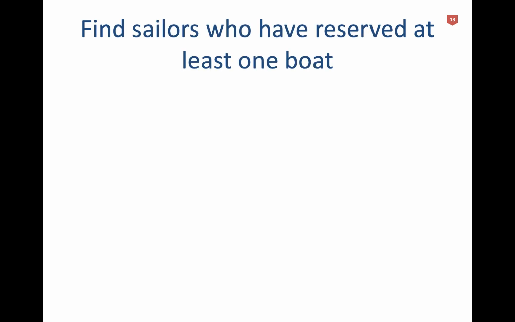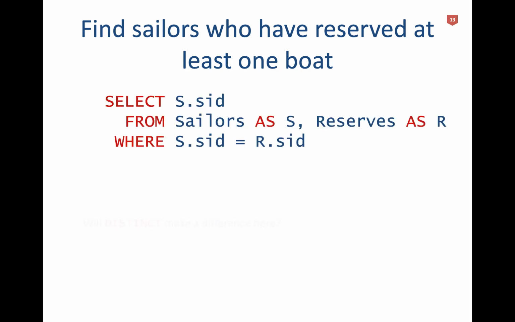An example here is find sailors who have reserved at least one boat. So how would we do that? Let's look at the query. So select s.sid. I want to see the sid from what? From sailors and reserves. And you have seen by now that you can assign an as clause, for which you will refer to sailors as s and reserves as r.